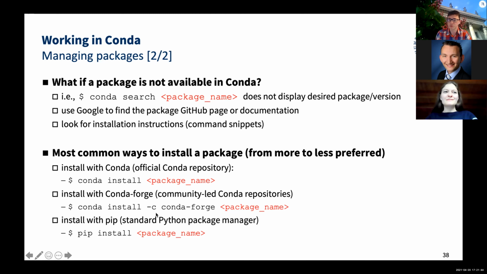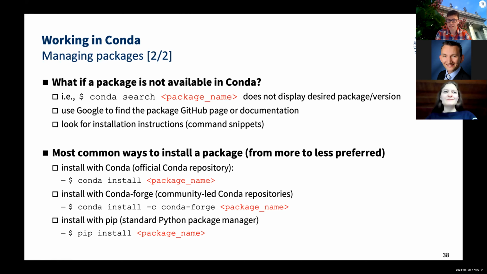Conda Forge is a community-led Conda repository that is not official, but it is just supported by people who copy the package source files and store them there so that you can install them from here.